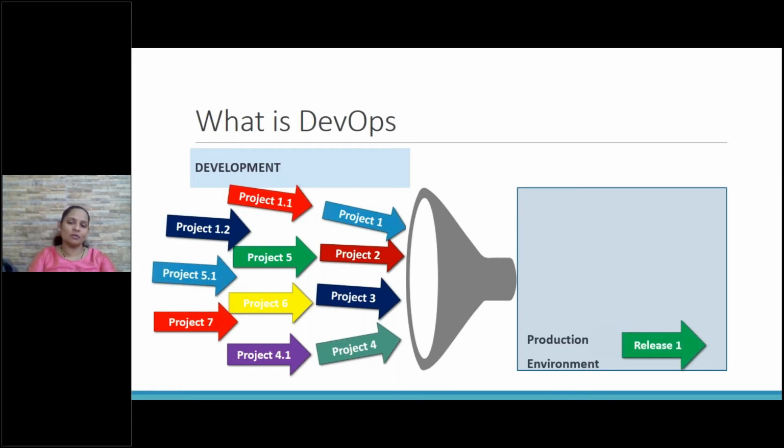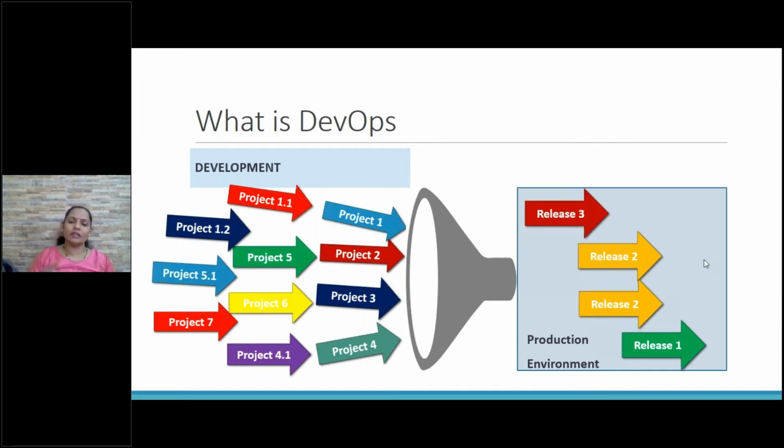So first, you will have some release which will cover, say, project 1 and project 2. Say release 1, covering project 1 and 2. Then you will have release 2, covering, say, project 3 and 4. And so on and so forth. You will see that everything happens in a sequential environment.